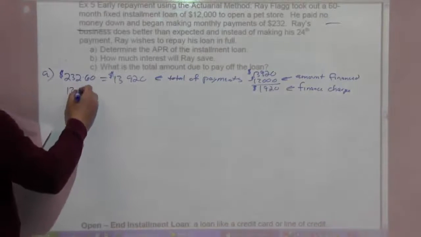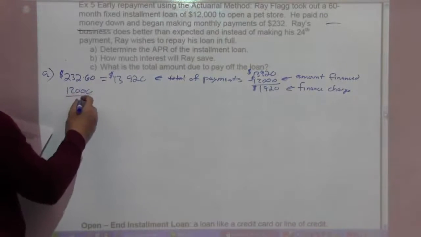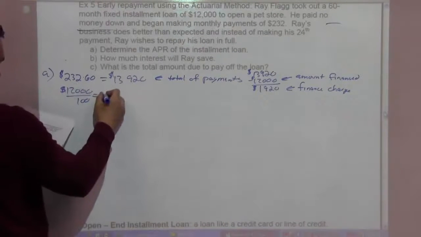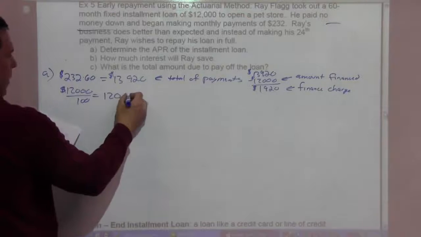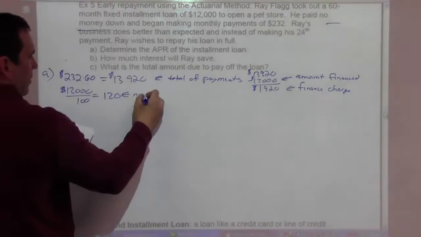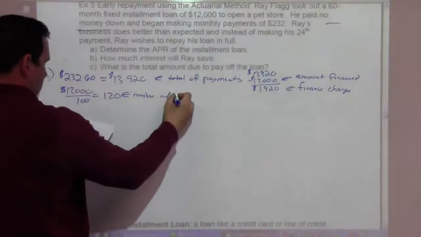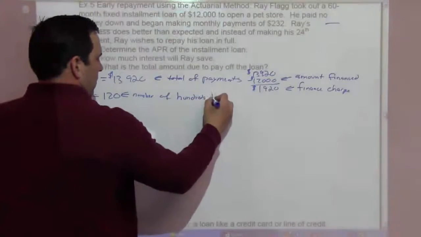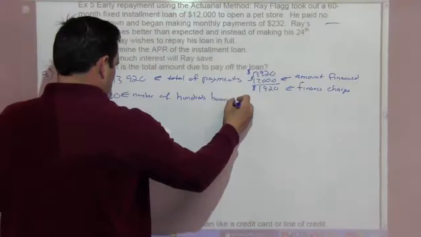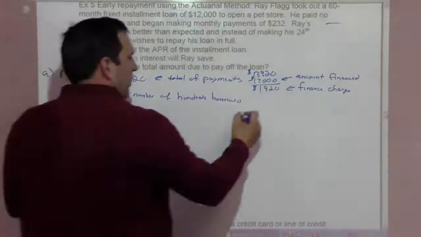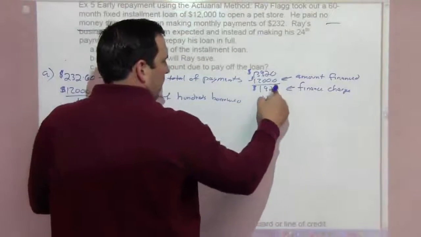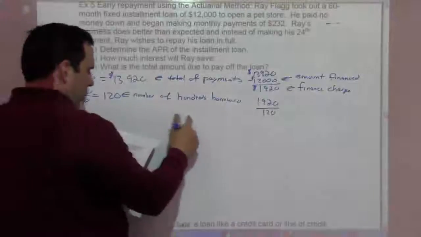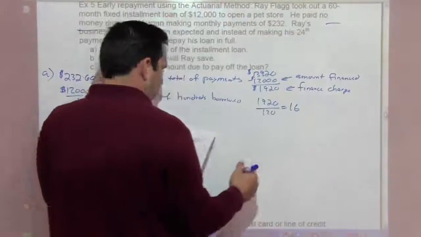If we take the $12,000, the amount financed, over 100 to find the hundreds that are borrowed, we get 120. This is the number of hundreds. If we take the $1,920 finance charge divided by the 120, the number of hundreds borrowed, we get 16.